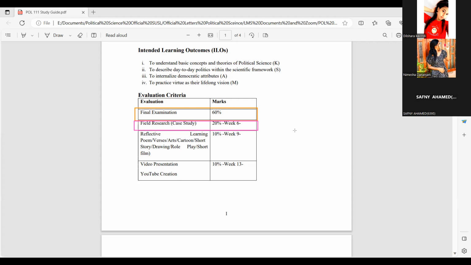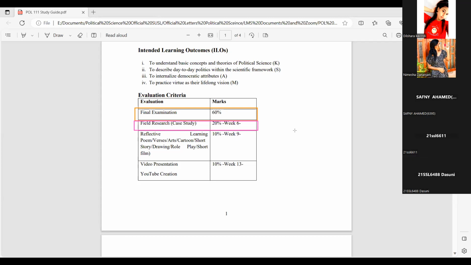By saying so, you can include this type of content in your CV, right? It would be very useful for your future.